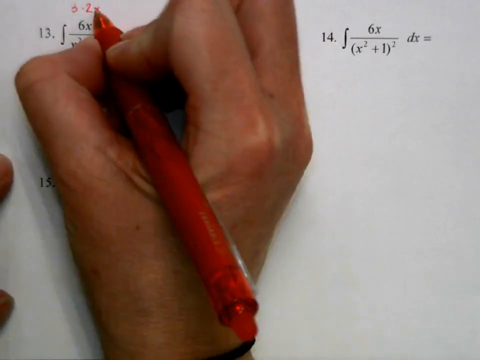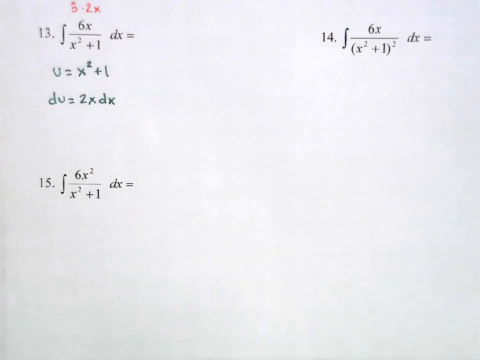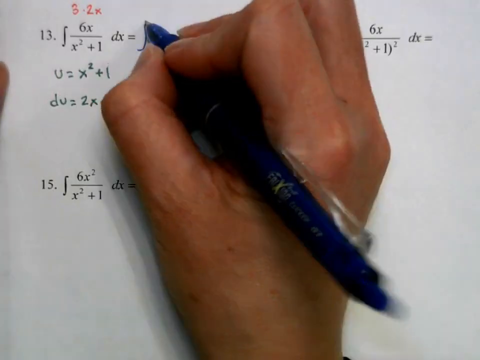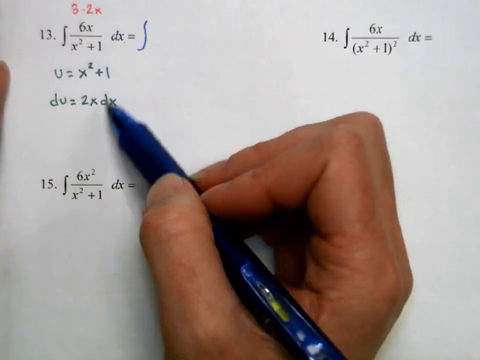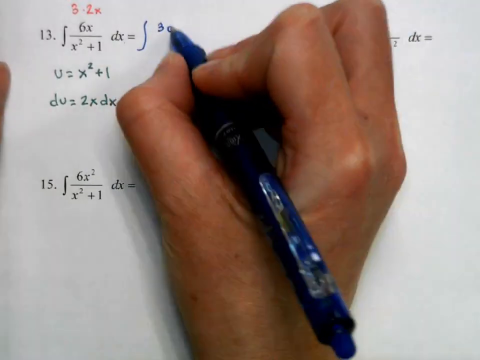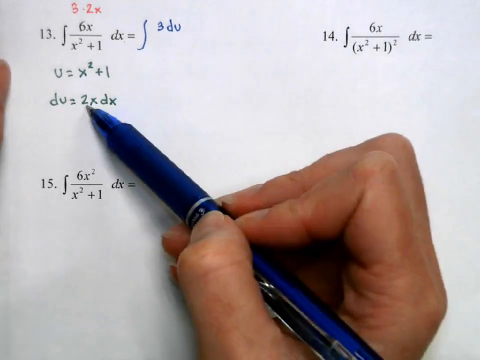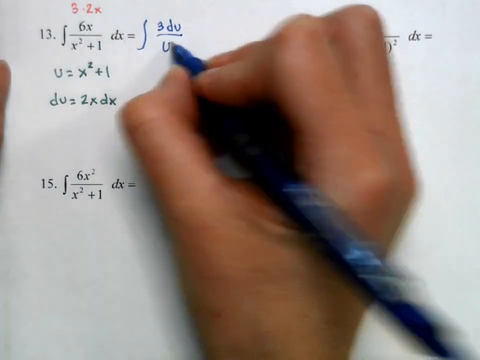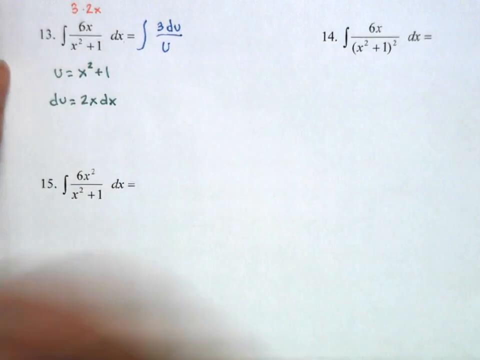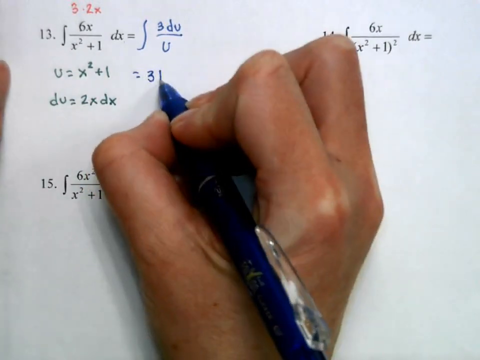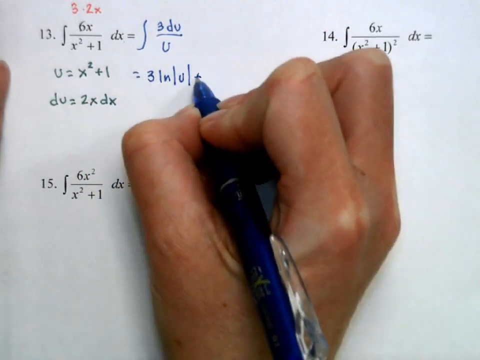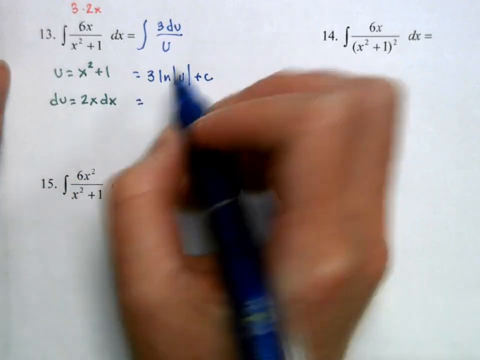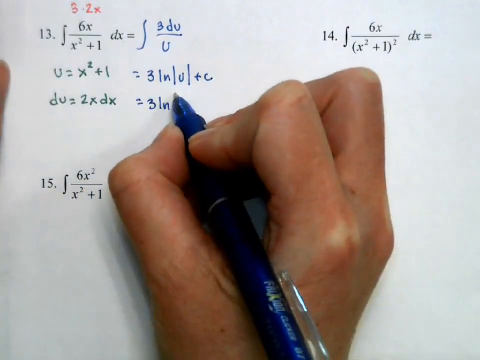So when I do the replacement, instead of a 6x dx, we're going to have a 3 du, because if I multiply 2x times 3, we get 6x. And then my whole bottom becomes u. So this will be 3 natural log u. And we get 3 natural log x squared plus 1 plus c.